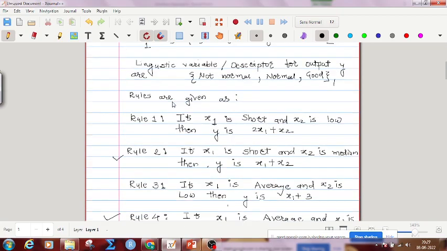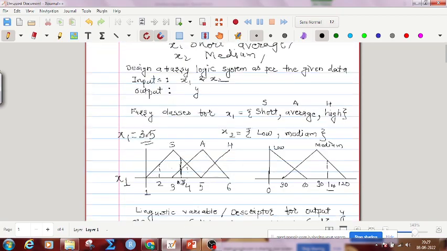So x1 equals 3.5 comes under the class short as well as average. The value 100 comes under the class medium. So I should consider only the rules that combine short or average with medium.